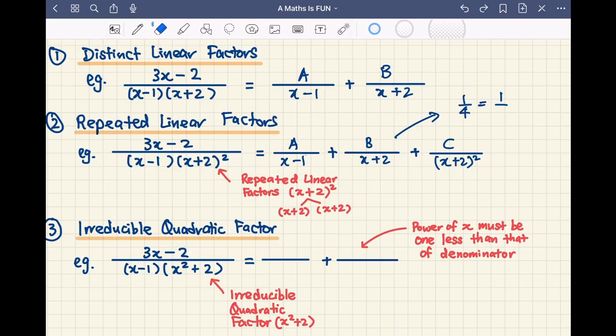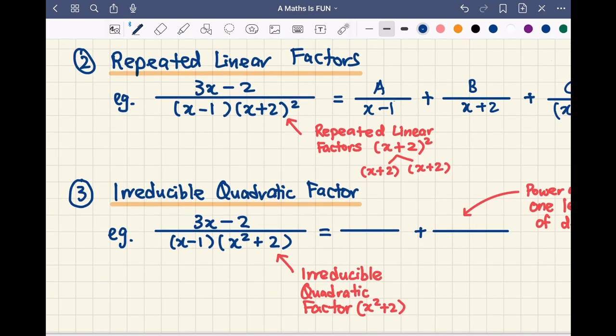Okay, so next I will move on to the last case where you have the irreducible quadratic factor. So how do I identify this? Basically, for this form, irreducible quadratic factor, it means I have this x squared plus 2 which I cannot further factorize. So from the start, I mentioned that you try to factorize the expression in the denominator until the point where you can't factorize anymore, and sometimes you still have an x squared inside this bracket.